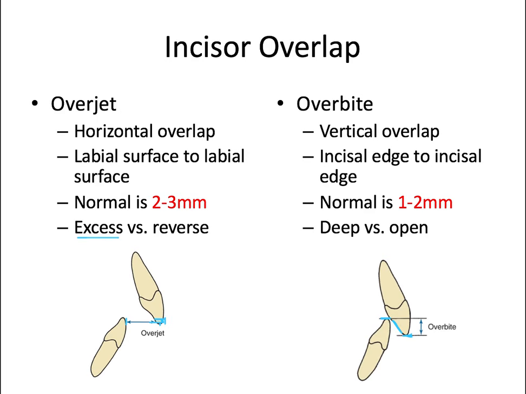This would create an overbite of about 1 to 2 millimeters. So this image is showing somewhat of a deep bite, which means we have excess overbite. The opposite of this is if we have some amount of vertical space between the upper and lower incisal edges, which is called open bite. Deep bite is much more prevalent than open bite.